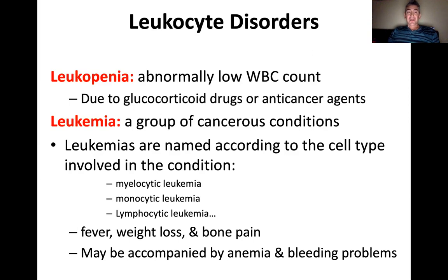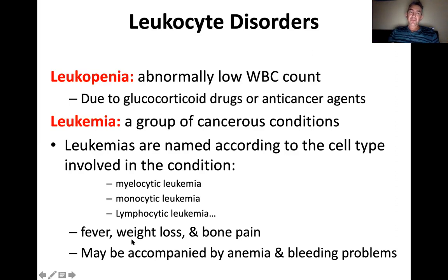But in the process of leukemia, right, leukemia will be associated with fever, weight loss, bone pain because of the bone marrow issues. And because now there's too many white blood cells, it's sort of like the opposite of polycythemia. Right? Polycythemia, too many red blood cells clogs up the blood.